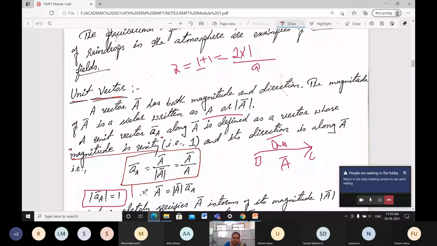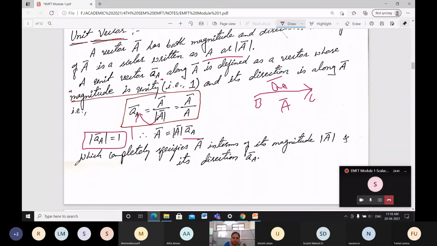Therefore I can write, taking the denominator to the RHS, vector a equals mod of a bar into small a of a bar. It's nothing but your unit vector, which satisfies a bar in terms of magnitude, which is the scalar, and its direction is in terms of small a of a bar, that is your unit direction.